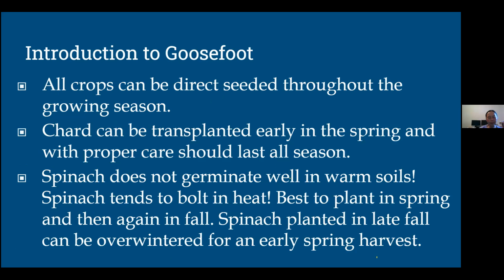And then spinach can be hard to germinate. It doesn't grow well in warm soils, and it does tend to bolt in the heat, like we were talking about bolting earlier in our presentation. So it's best to plant these in the spring and then again in the fall. Spinach can be planted in the late fall and can be overwintered for an early spring harvest.